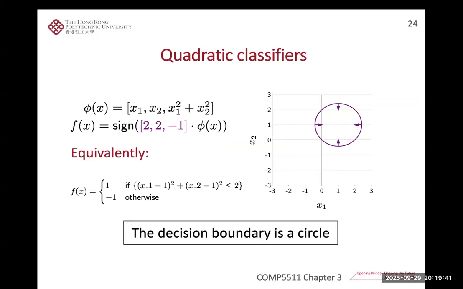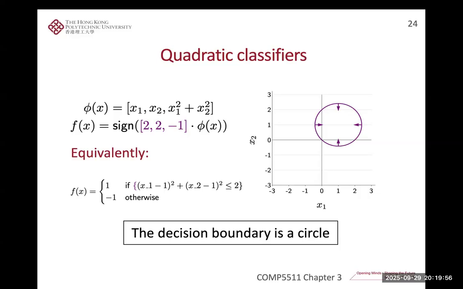Then we can define a decision boundary that is a circle. Within the circle is the positive class, outside the circle is the negative class.